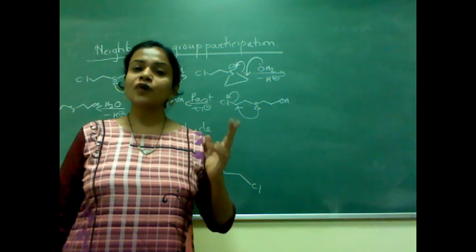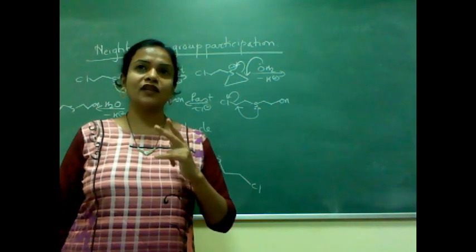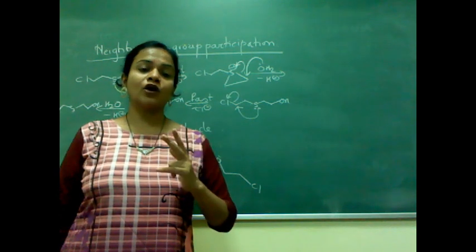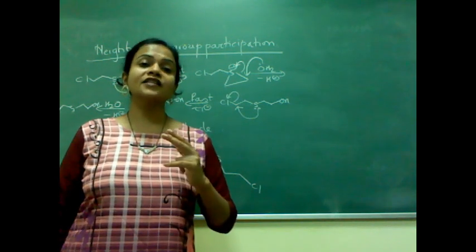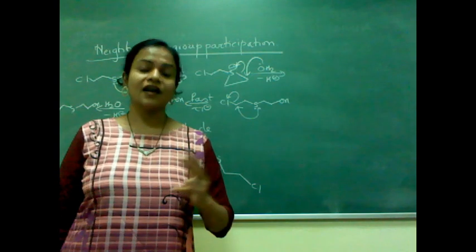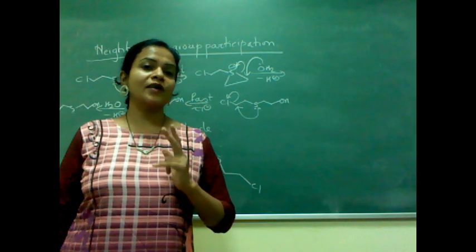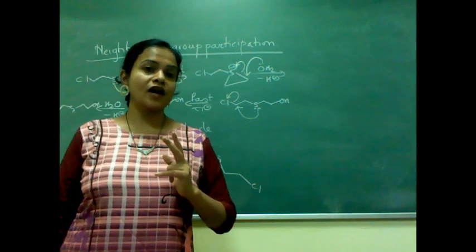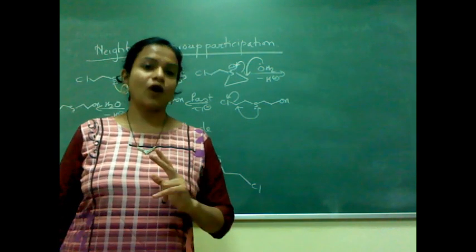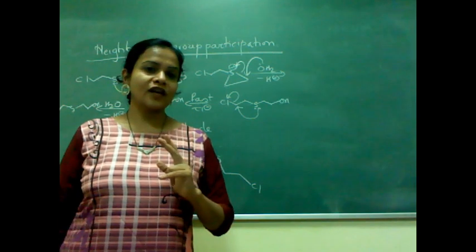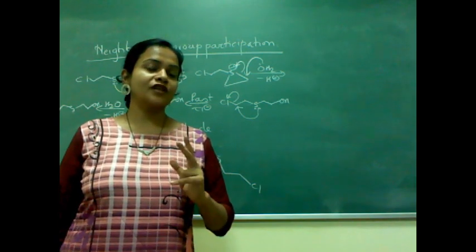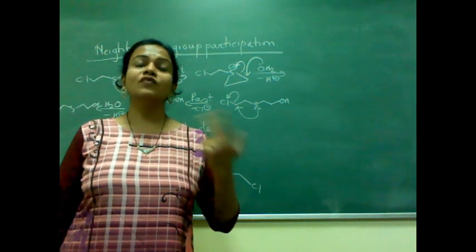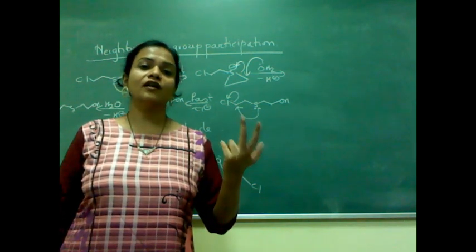In contrast to conventional aliphatic nucleophilic substitution, the group which is responsible for knocking off the leaving group is present in the same substrate, and with regards to stereochemical outcome, it results in the formation of the product with retention of configuration. Retention of configuration occurs due to a double SN2 process.